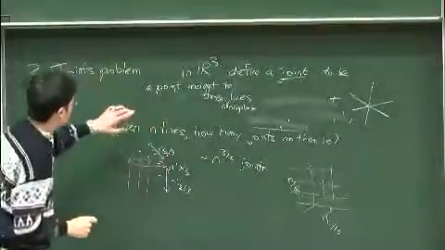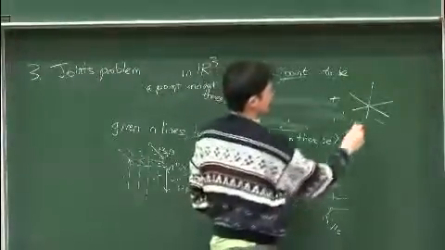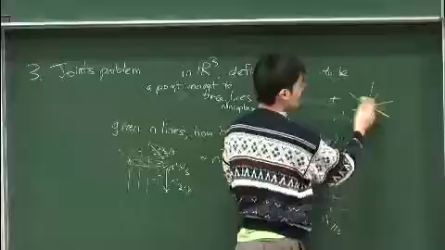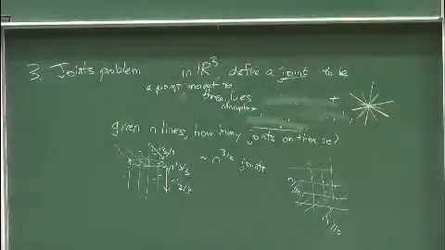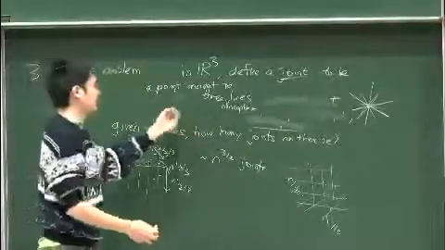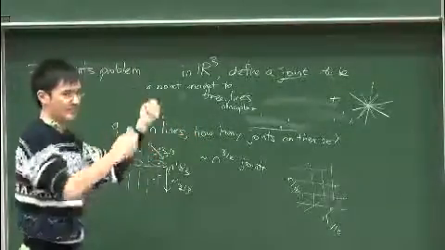So it's almost the same definition. I just messed it up a little bit. If you have many lines going through one point, that's just one joint. That's not many joints. I think I gave a slightly wrong definition. Otherwise, of course, you can get n cubed joints by having n lines go through one single point.